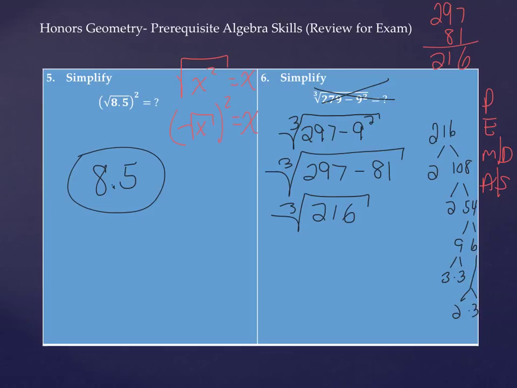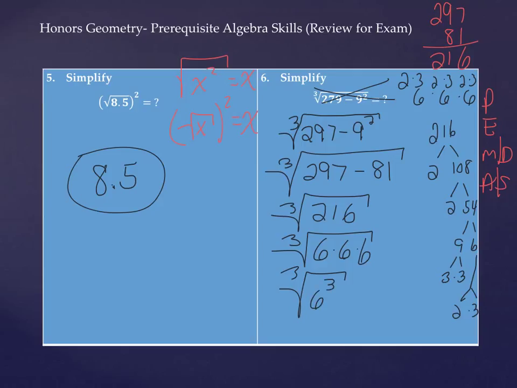So up here I'm going to say 2 times 3, 2 times 3, 2 times 3. So you can see I've got 6 times 6 times 6, and that's the perfect cube we're looking for. That's the cube root of 6 cubed, and the cube root undoes the cube, so we end up right back where we started. The answer is 6.